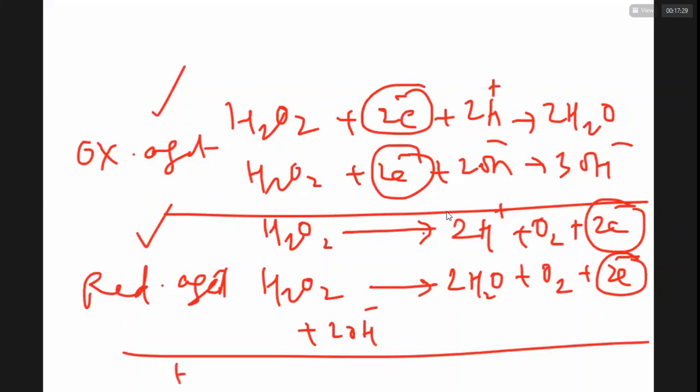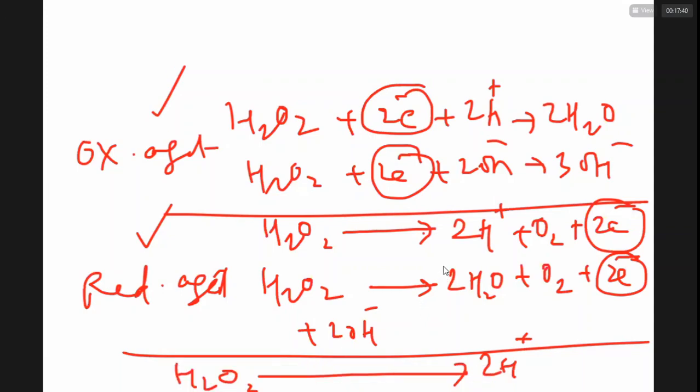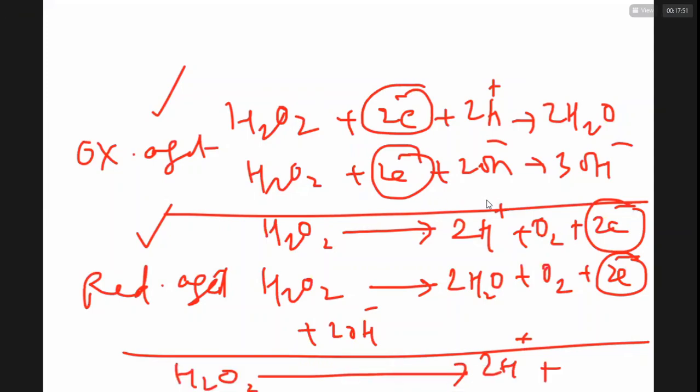Also, H2O2 can act like a weak acid, where it gives H plus. H2O2 can lose 2H plus and behave like an acid, right?